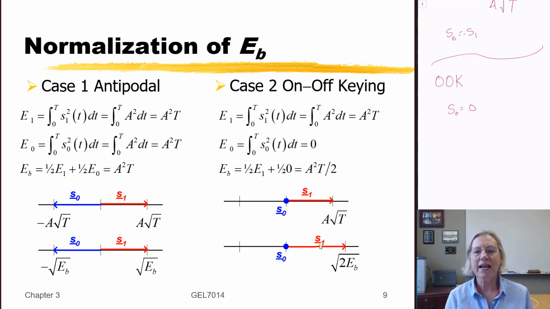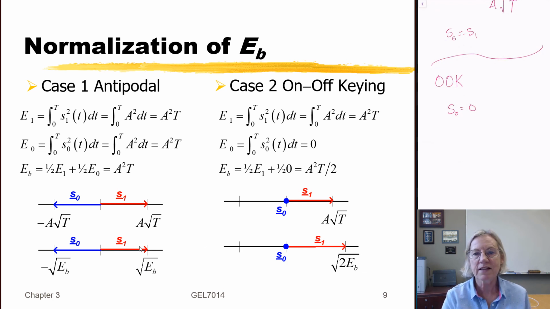But that's okay, because when I calculate the average energy per bit, I'm going to get the energy is 2 E_b for S1. I'm going to get 0 for S0. When I find the average, I'm going to get rid of that factor of 2. And here, of course, the two energies are the same, and so I'm going to get E_b. So clearly, this new second representation is the correct representation.